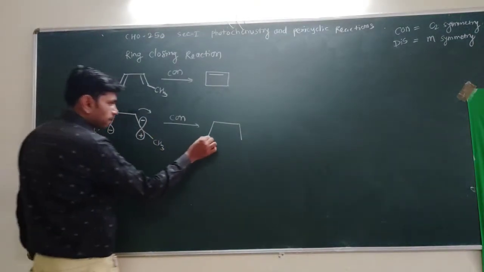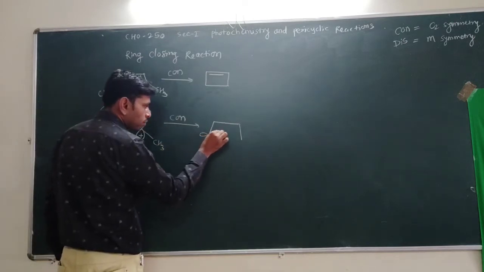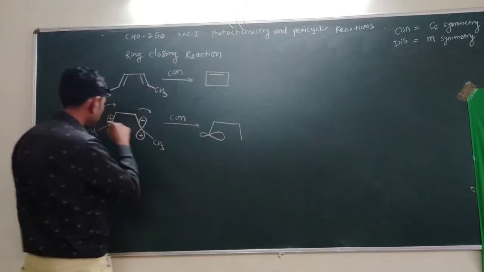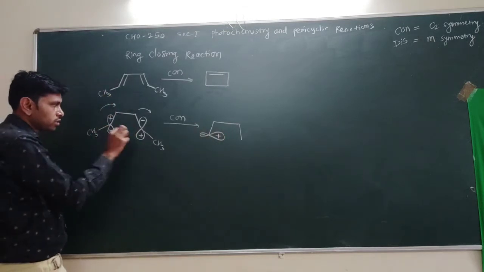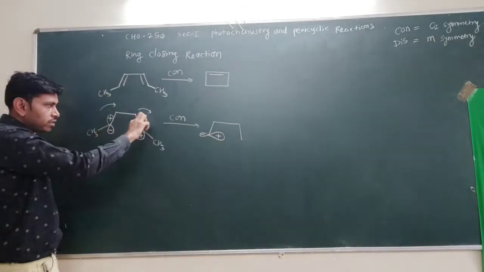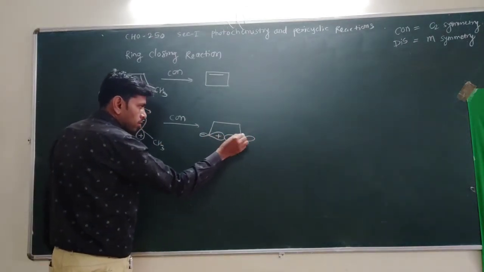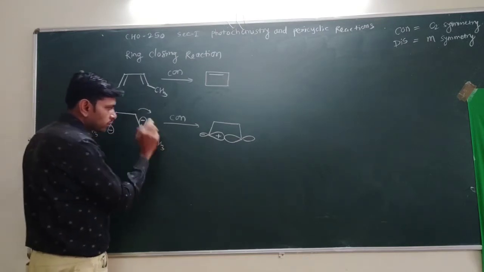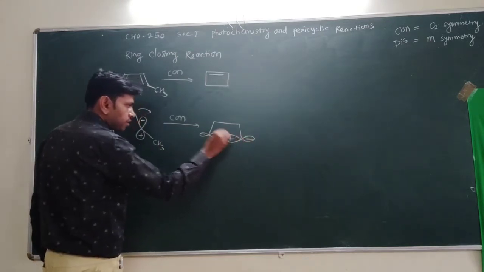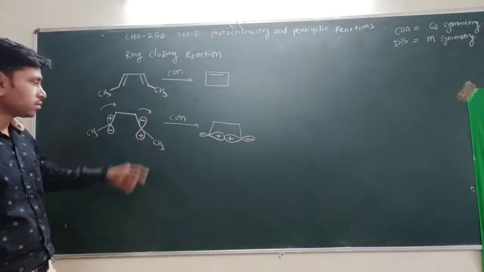The orbital rotates by 90 degrees so that it becomes horizontal. The plus sign goes here by rotating in a clockwise direction, and the minus sign goes here. But at the same time, these groups also rotate in some direction.